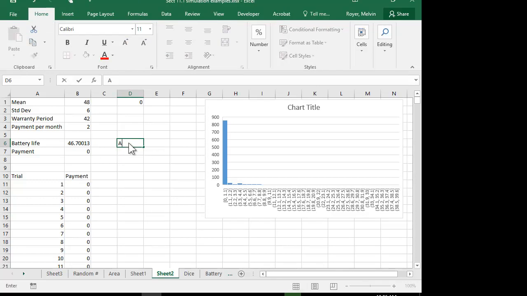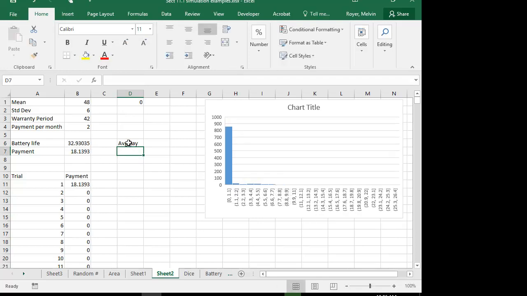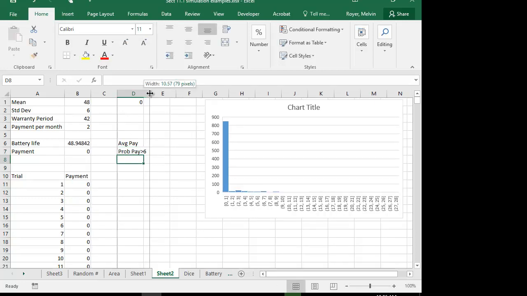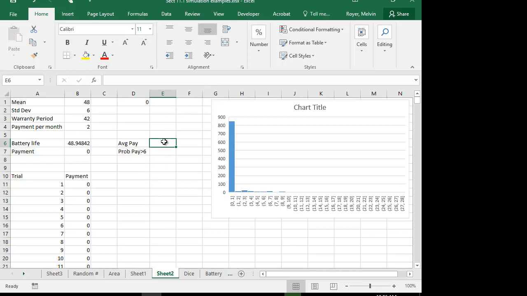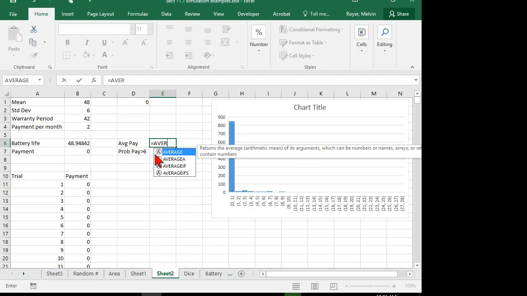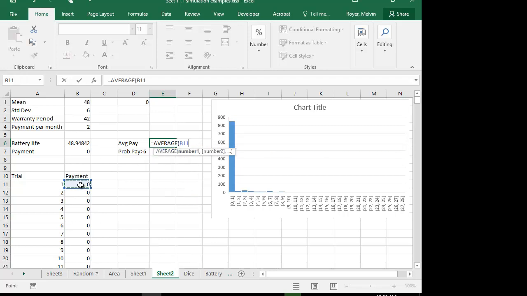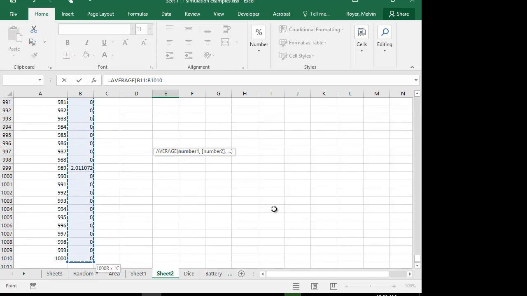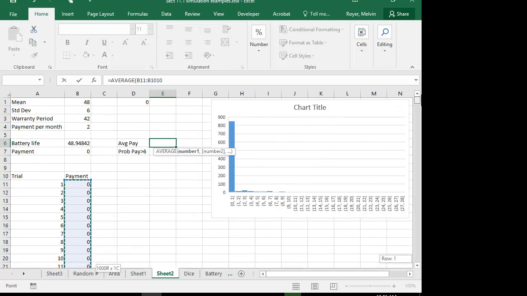For questions number 2 and 3, I'm asked about an average payment and the probability that the payment is greater than $6. For the average, it really is just that. So calculate the average of these 1,000 numbers.